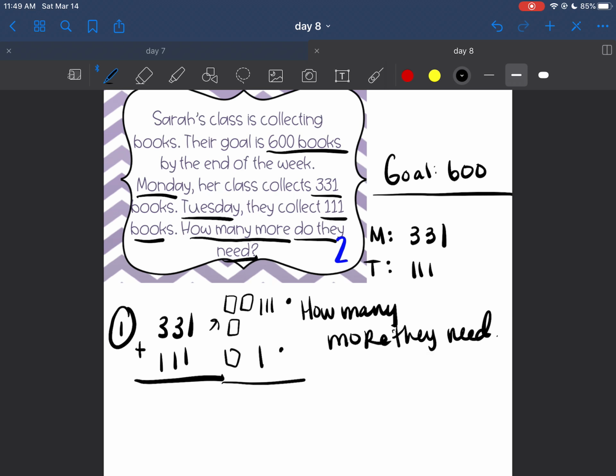What do I always add first? Our ones. So we have 2 ones, now tens, 4, and hundreds, 4. We know that on Monday and Tuesday they collected 442 books.